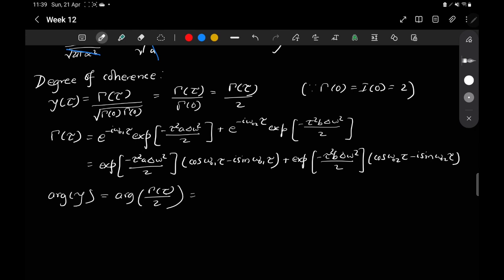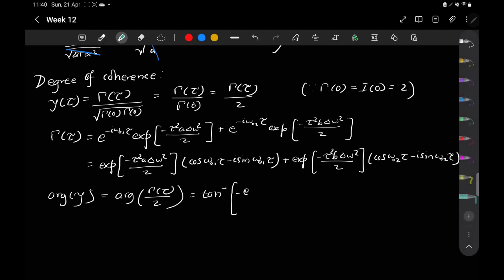And this will be tan inverse of imaginary part over real part. So what is the imaginary part? Imaginary part is here and here, and of course this exponential coefficient.